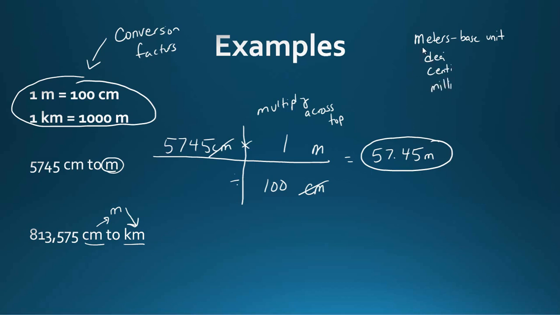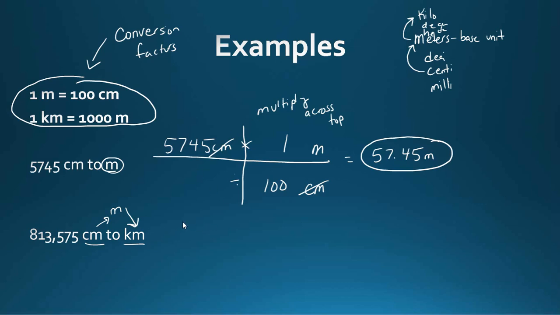Larger than meters, we've got kilo as our biggest one that we're going to see here, and we're going to get into all of these. But kilo is above a meter. We've got decameters, hecta, and deca. These are all larger, and I'll give you those in a handout. But in order to go from centimeters to kilometers, you have to go centi to meters, meters to kilometers.